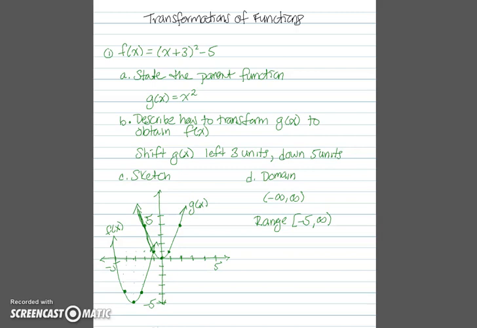Okay, so let's take a look at our next example. So here I'm going to give you a graph of a function. The graph I'm actually giving you is of sine of x. We haven't really talked about sine, so I'm just going to give you the picture.